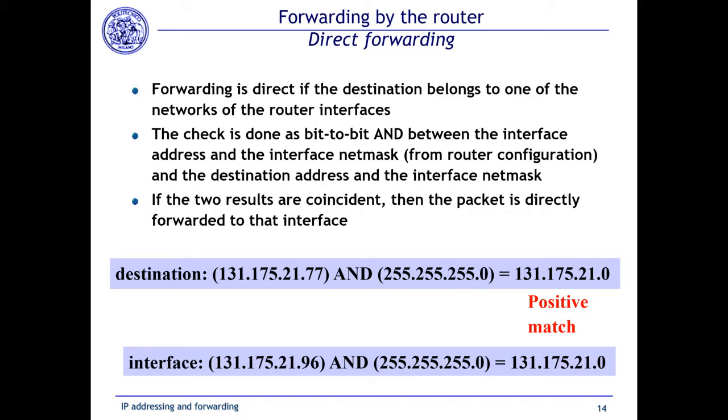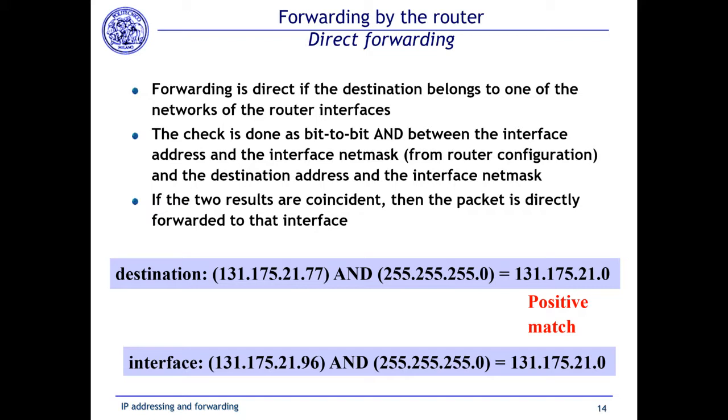So in order to match the received address with the interface address, you have to take the received address, do an AND operation with the net mask of the interface, and then do the same with the IP address of the interface. And if they match bit by bit, so the result is identical, then you have a positive match.